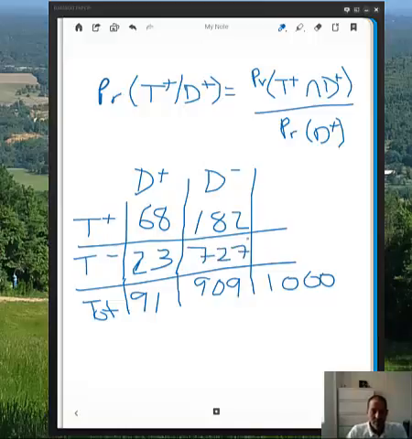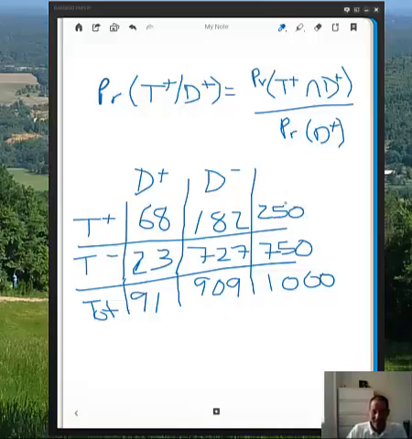If we add 23 to 727, we get 750. So we need 250 more spots, because 1,000 minus 750 is 250. So we put 250 here. And voila, our table is complete.